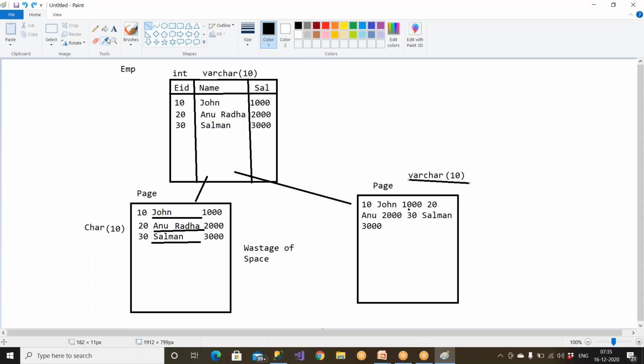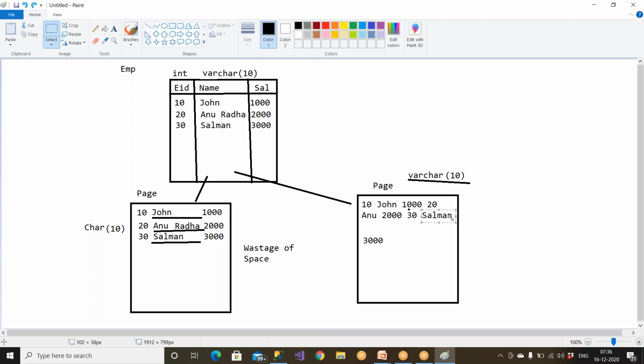If you wanted to give Anuradha here, what Microsoft SQL Server is going to do is bring all the data down. It will adjust a lot of things. Now it will be a big problem for us.